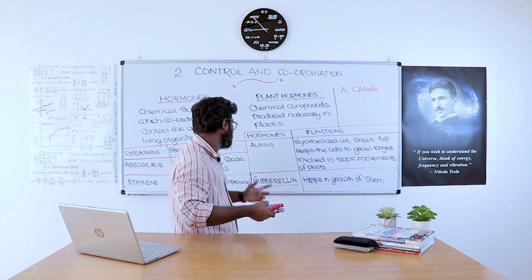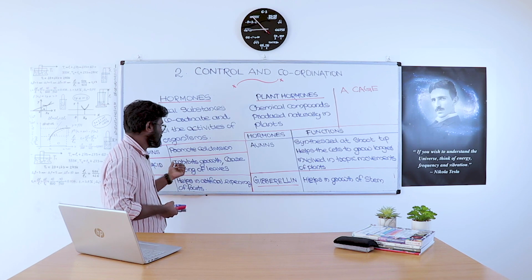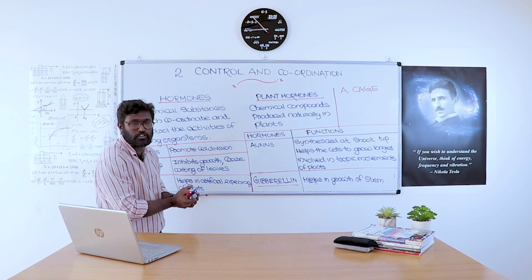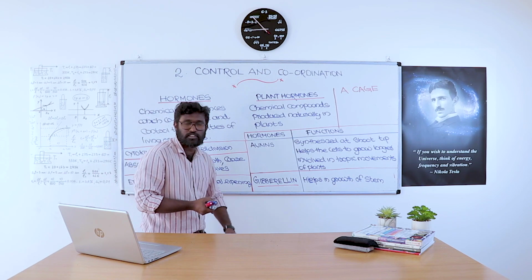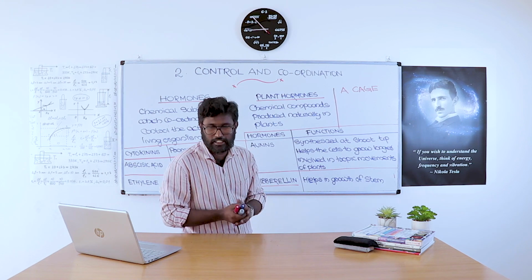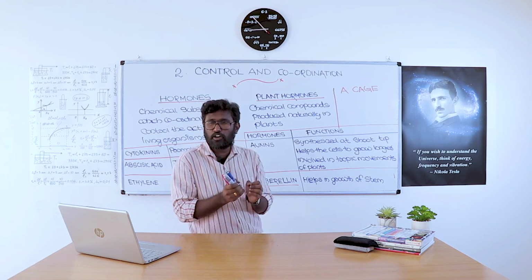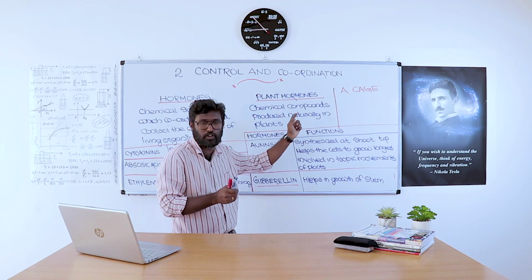Abscisic acid inhibits growth. Ethylene helps in the artificial ripening of fruits. So the chemical substances produced naturally in plants are called plant hormones.